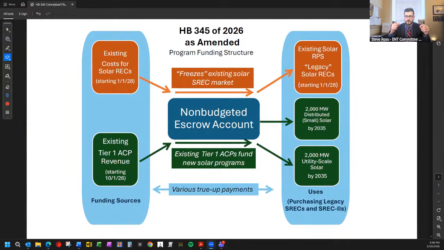And just for your own edification, it goes to 14% under current law. Under the bill, this escrow account process is about 10 percentage points by itself. So if you add fixing it at 9 and adding another 10, you get about 19 percentage points for solar overall at full build out.